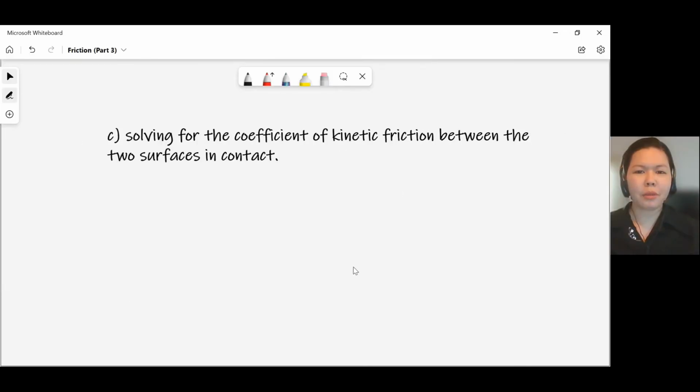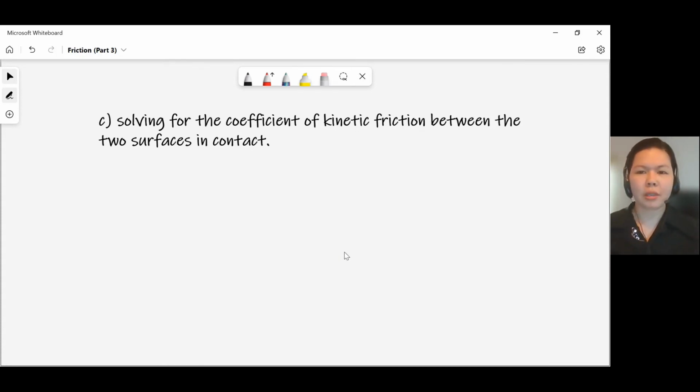We are to determine the mu sub k, or coefficient of kinetic friction between the crate and the surface. So using equation 4.4, we have mu k, coefficient of kinetic friction, equals Fk over Fn.